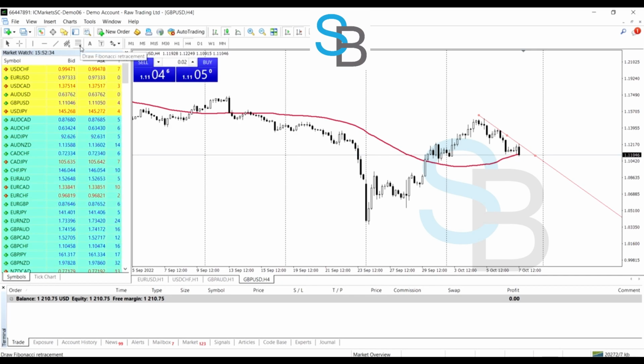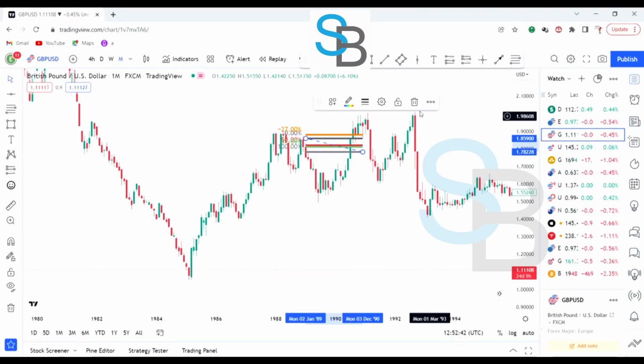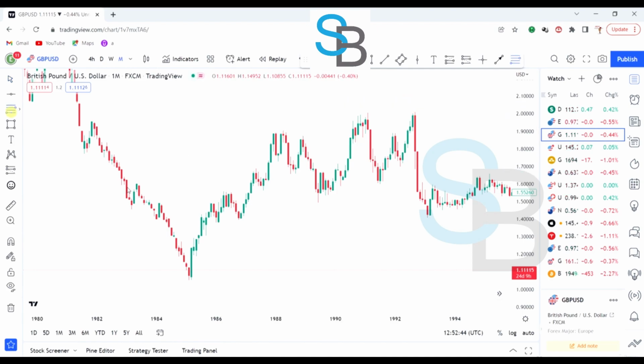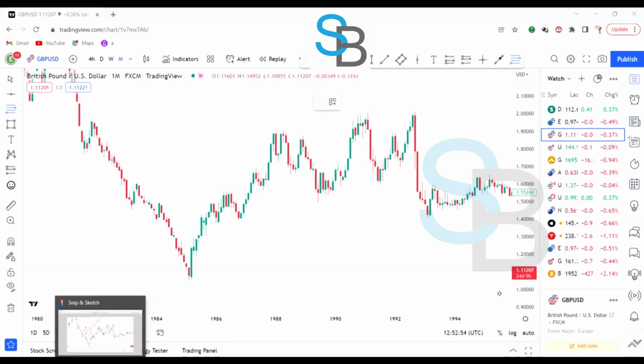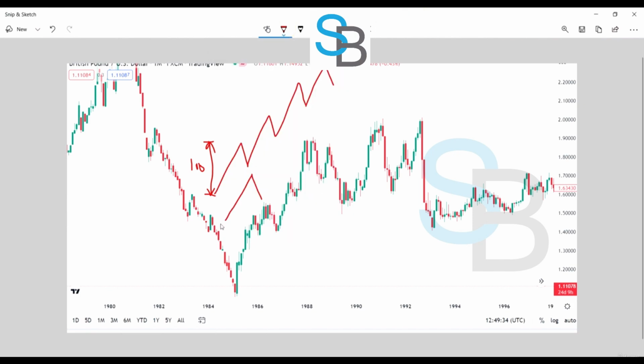You can also select it here, but I'm just going to use the TradingView platform. When you select this tool, you need to identify the first point and the second point. In this case, a point like this will be point A, and a point like this will be point B.